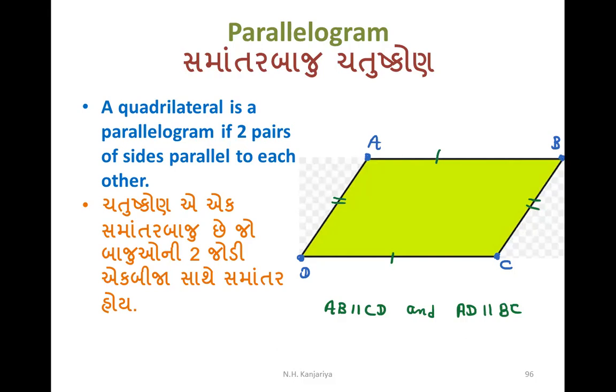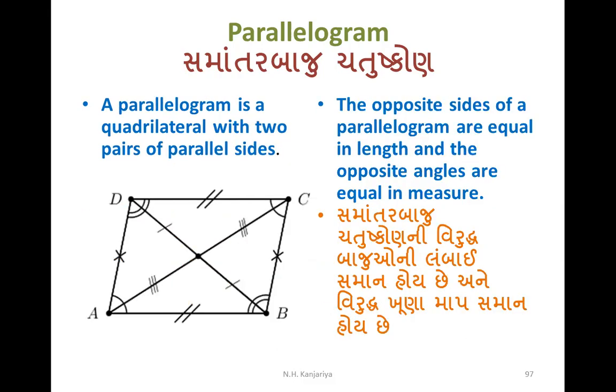So it is a definition, remember it. More thing for the parallelogram. In the second one, you can say the parallelogram is a quadrilateral which has two pair of sides parallel.